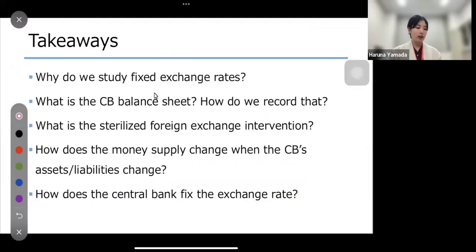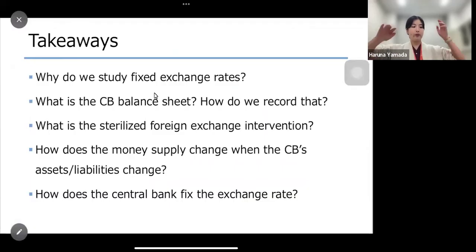Okay, so this is the end of today's lecture. So far we have covered the reasons for studying fixed exchange rate, and what the balance sheet is. We introduced the central bank balance sheet and how we record it. I also introduced sterilized and non-sterilized foreign exchange intervention.